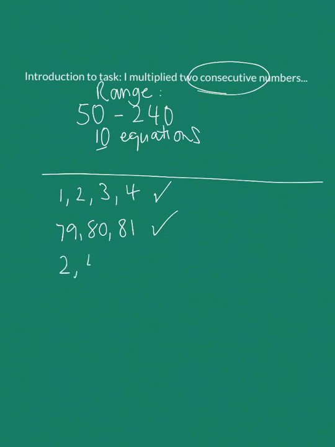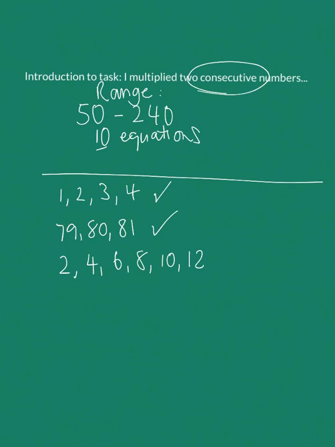2, 4, 6, 8, 10, 12. Now, you might be thinking, what's he up to here? So these ones are considered not consecutive, as you'll probably be thinking also. They do not follow each other.